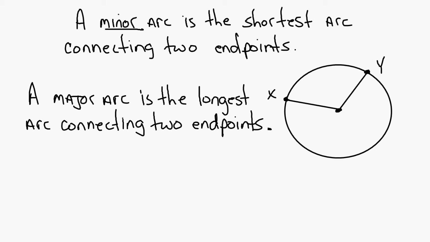So this red portion, the red arc, would be called a minor arc. It's the shortest arc connecting two endpoints. It's the shortest piece connecting X to Y.